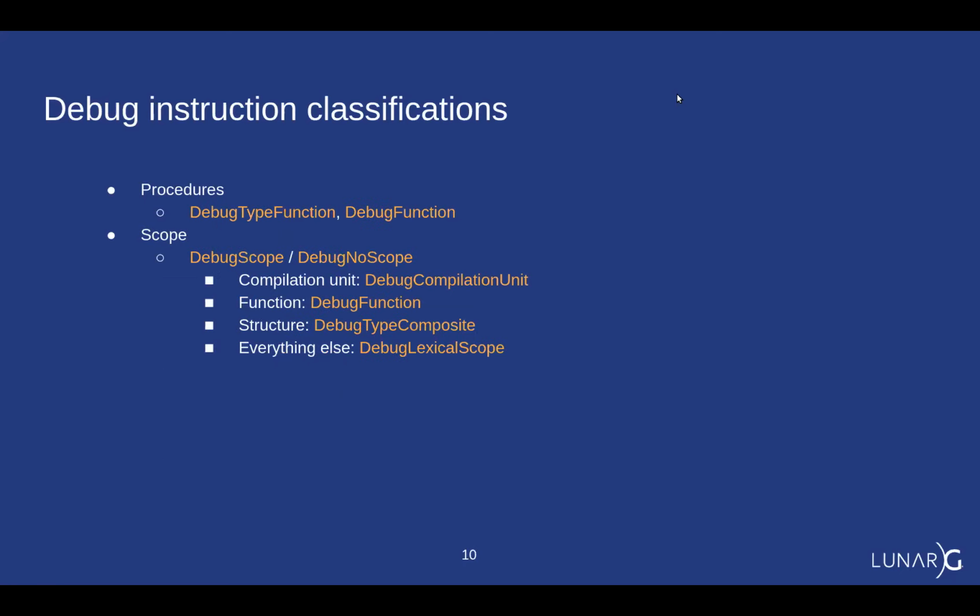Procedures are straightforward. Scopes: there are 4 basically operands for debug scope. Those scopes are compilation unit scope, function scope, structure scope, and everything else. So everything else would be things like anonymous scope and control flow bodies like loops.